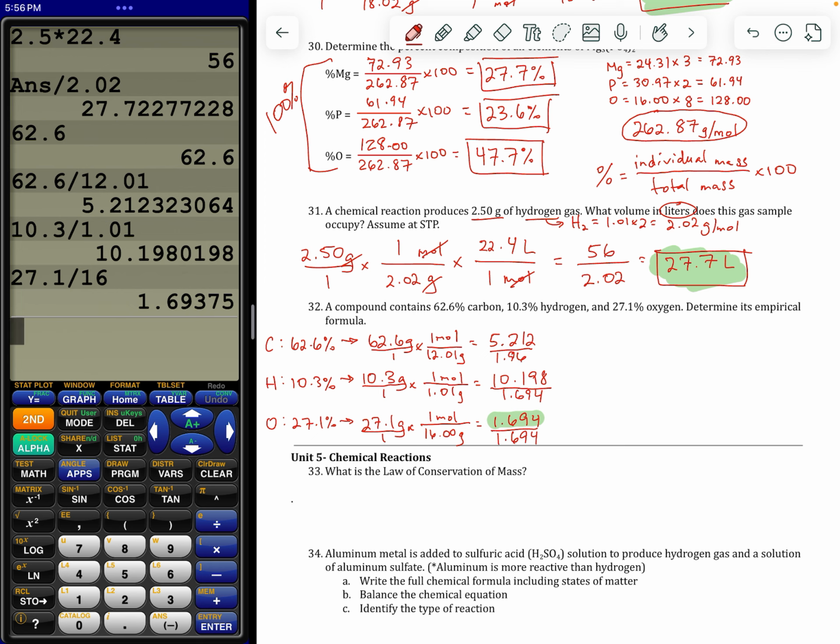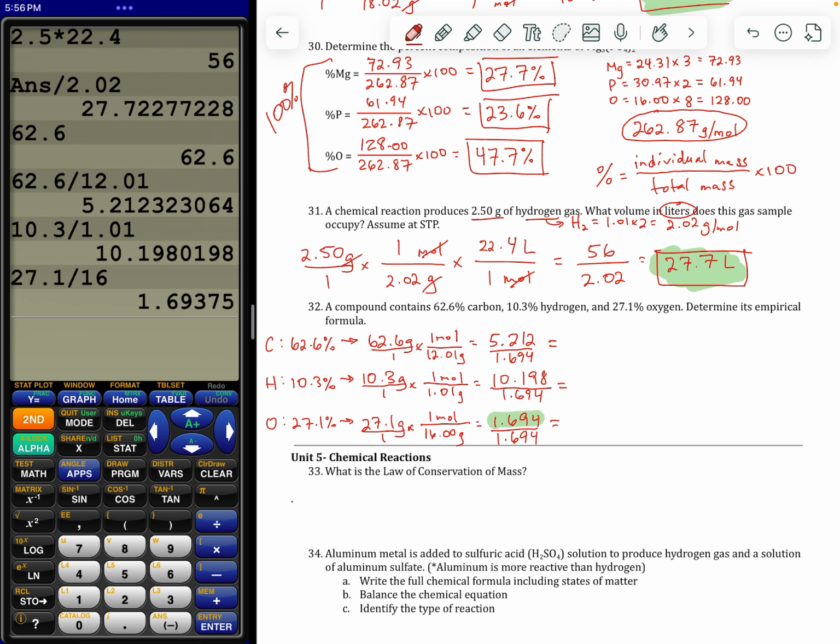Ideally, what we get are ratios where we can just round to the nearest whole number, and then that'll be our subscript for our empirical formula.